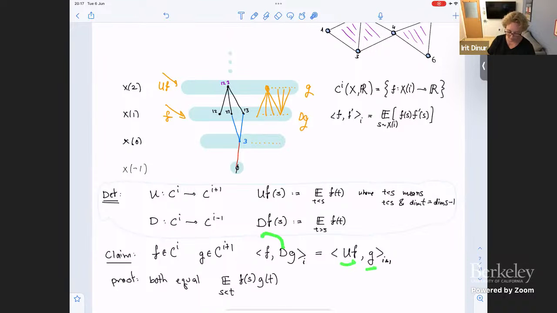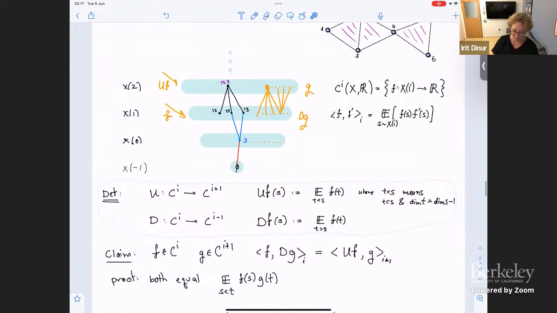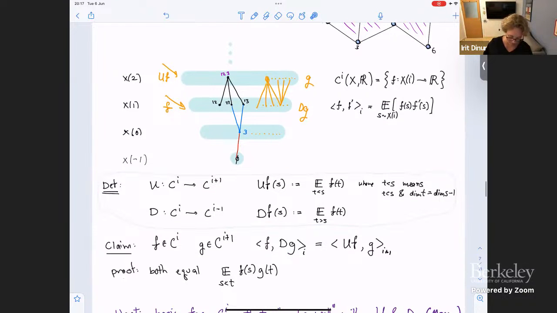So basically you can move D to this side and make it into a U. And the reason is, what does this whole thing equal? It equals the expectation over choosing a face S, then choosing all possible ways to choose T just above it, and averaging f of S times g of T. Alternatively, you can first choose T randomly and then choose S to be some face just below it, and write g of T times f of S. The first will be this quantity, and the second will be this quantity. So these two are really adjoint.